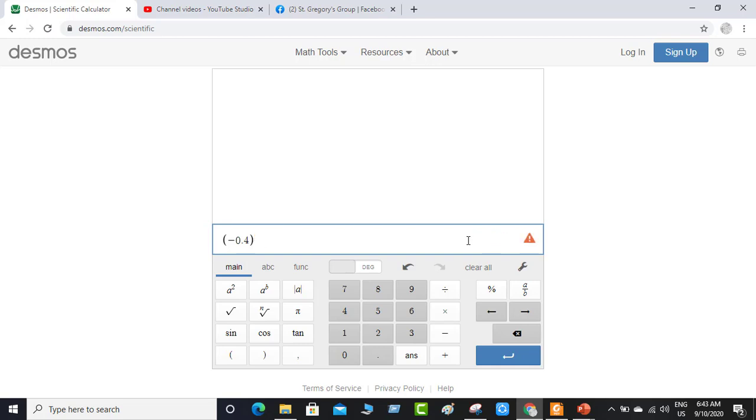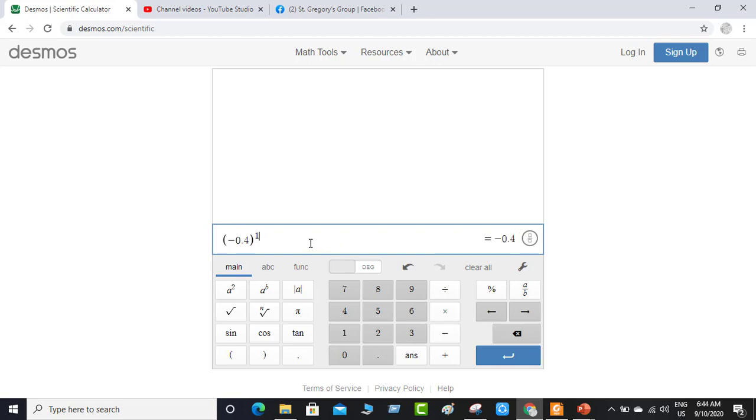If we put 12, then you can see 1.6777 into 10 to the power minus 5. 10 to the power minus 5 means 0.00001; after the decimal point you will get 4 zeros and then a 1. So this number is very close to 0.